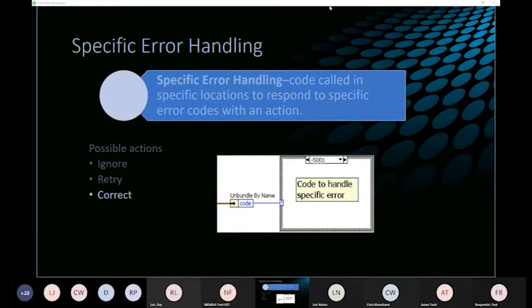Then we can have a case structure where the case labels are the specific error codes that we want to handle. So in this example, if it's error code -5001, then we would develop the code that we wanted to execute when that error happened. So that's called specific error handling.